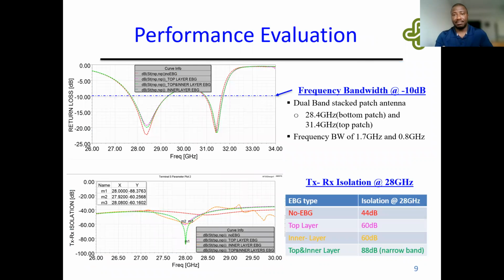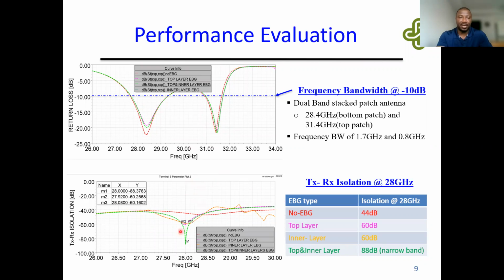So the results that we came about as a result of these different EBG configurations are presented in this slide. The simulation results showed a wide band stacked patch antenna with 2 resonant frequency points at 28 gigahertz and at 31 gigahertz. There is 1.7 gigahertz of bandwidth around the 28 gigahertz and 800 megahertz around the 31 gigahertz.